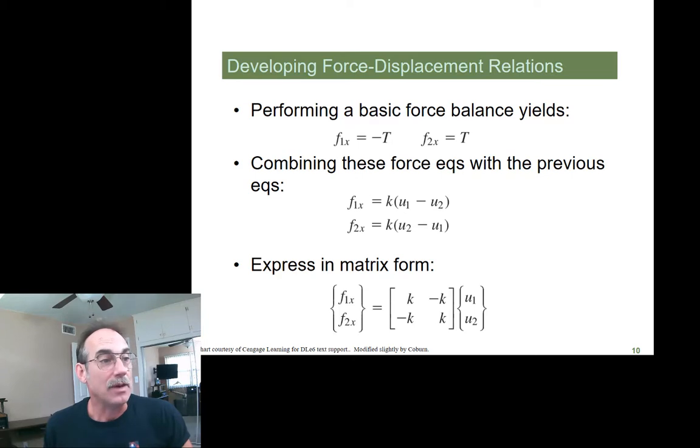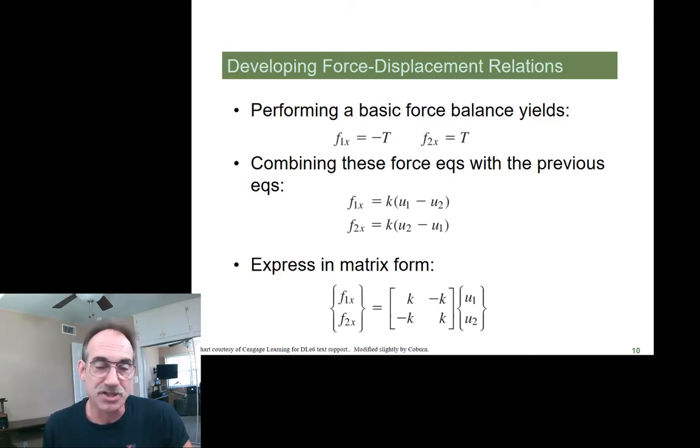Okay? Now, these are two equations that both must be satisfied, so we can write a system of equations. We have two simultaneous equations. We can write it in matrix form. F1x is equal to k u1 minus k u2. F2x is equal to minus k u1 plus k u2.